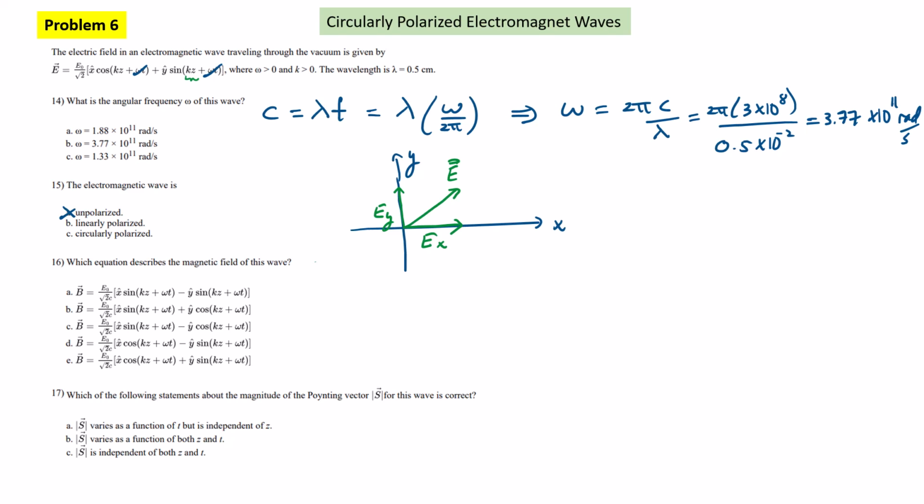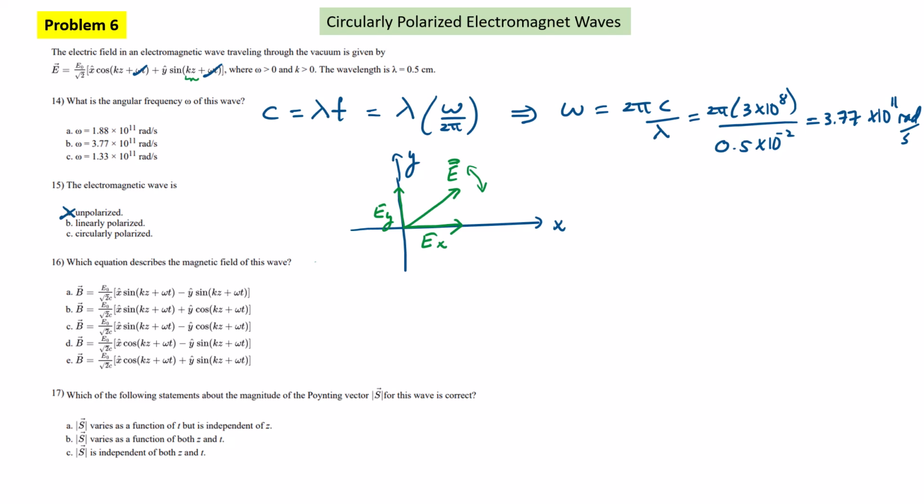How would you calculate the magnitude of this vector? You simply square both components and add them together, and you're always going to find a constant magnitude. But what you're finding is that sometimes the component is along the x direction, sometimes it's along the y direction. So this vector actually rotates. It's going to rotate in one of two directions, depending on the signs you have for these corresponding terms.